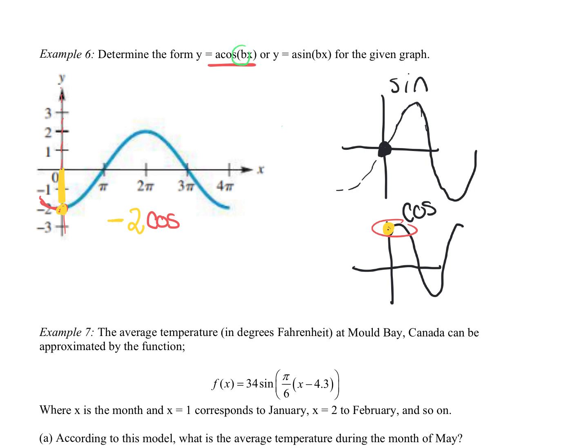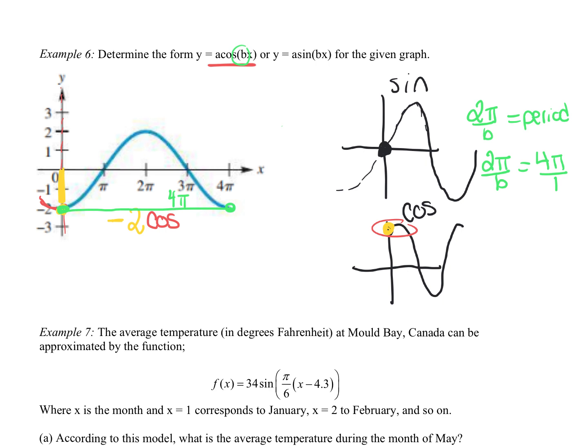And then to find my b value, I just need to do my period. So my period is how long it takes me to repeat myself. This is the bottom of a hill to the bottom of a hill. That green line I drew has a length of 4 pi. So 2 pi over b should equal my period, 4 pi, or 4 pi over 1.